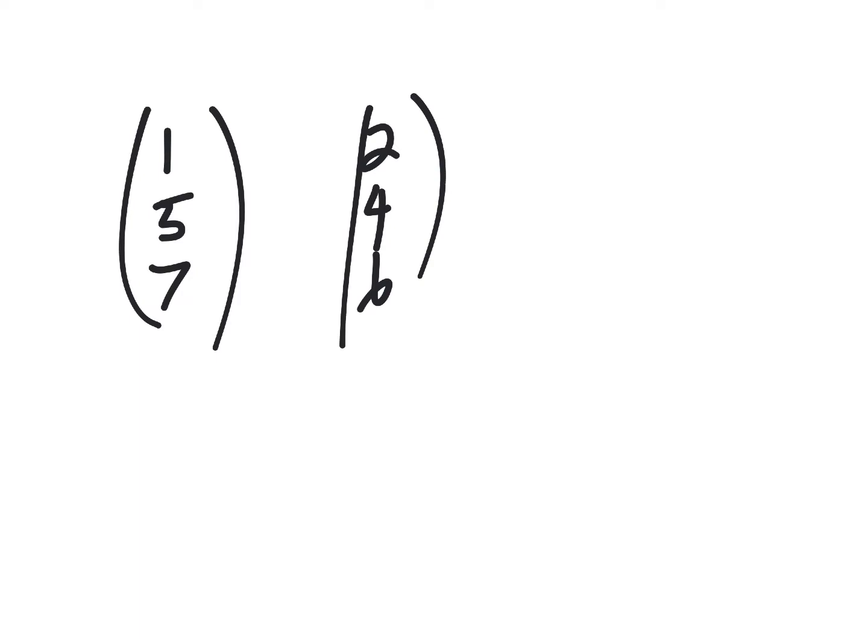1, 5, 7 and 2, 4, 6. Dot product of it. What's the dot product of those two? Tadros, how do I start? Dot product, that times that. Product means multiply, right? So what's 1 times 2?